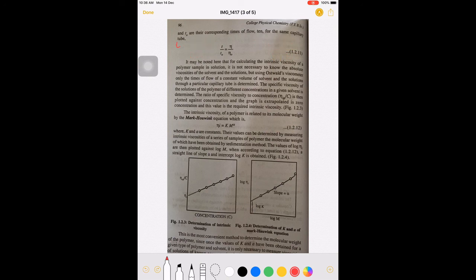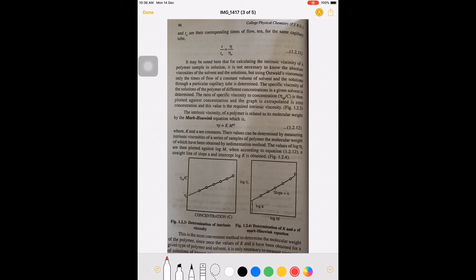It may be noted here that for calculating the intrinsic viscosity of a polymer sample, it is not necessary to know the absolute viscosity of the solvent and the solutions. Using Ostwald's viscometer, only the time of flow of a constant volume of solvent and solution through a capillary tube is determined.